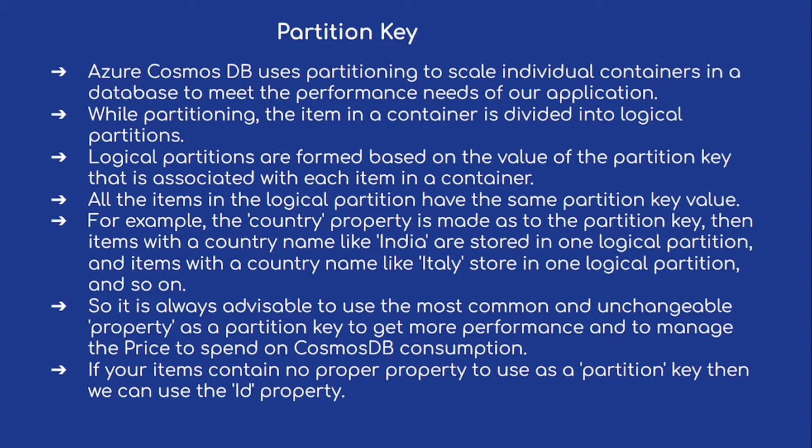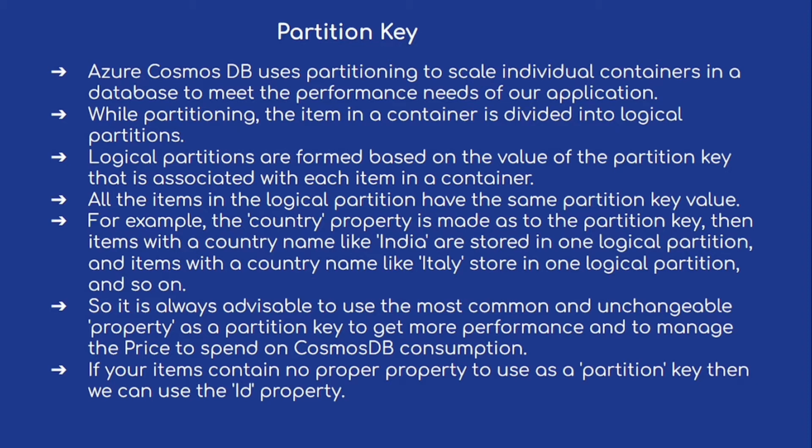All the people under New York City come under one logical partition, and Texas people come under another logical partition. Logical partitions are formed based on the partition key value. So all the items in a logical partition have the same partition key value, like New York or Texas, the city name.